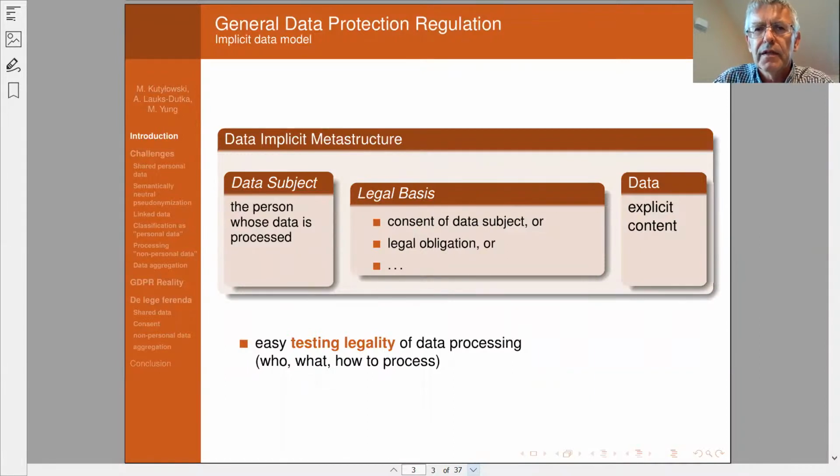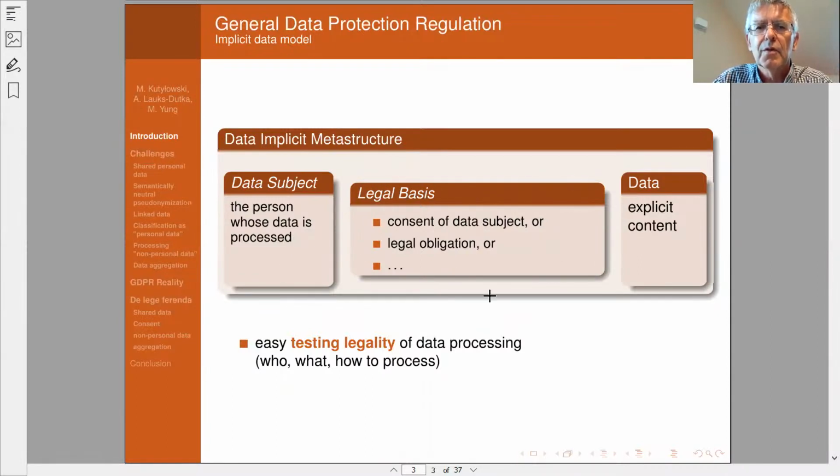So the model in GDPR, the implicit model, is that data has some structure. There are the contents of the data, the traditional contents. Then we have some legal basis to process this data, and we have a data subject for this data.